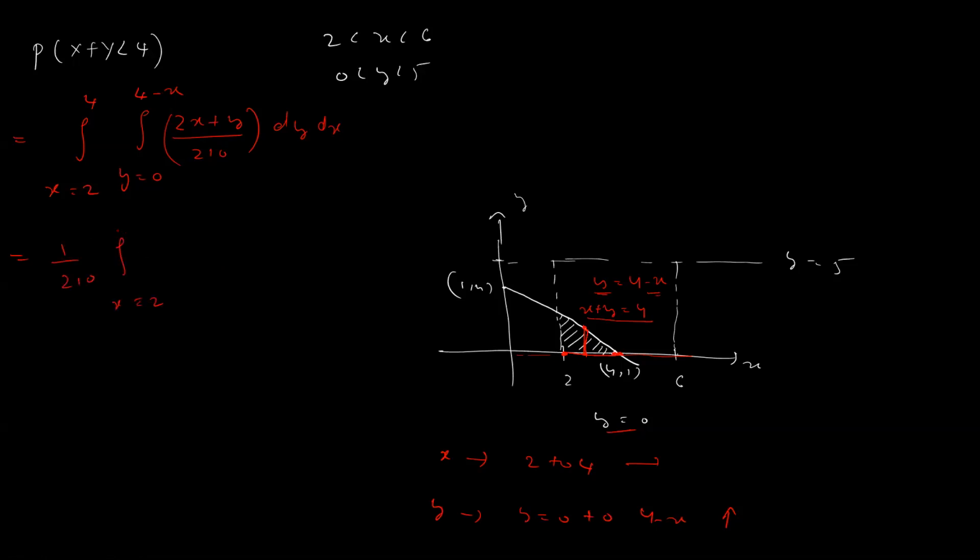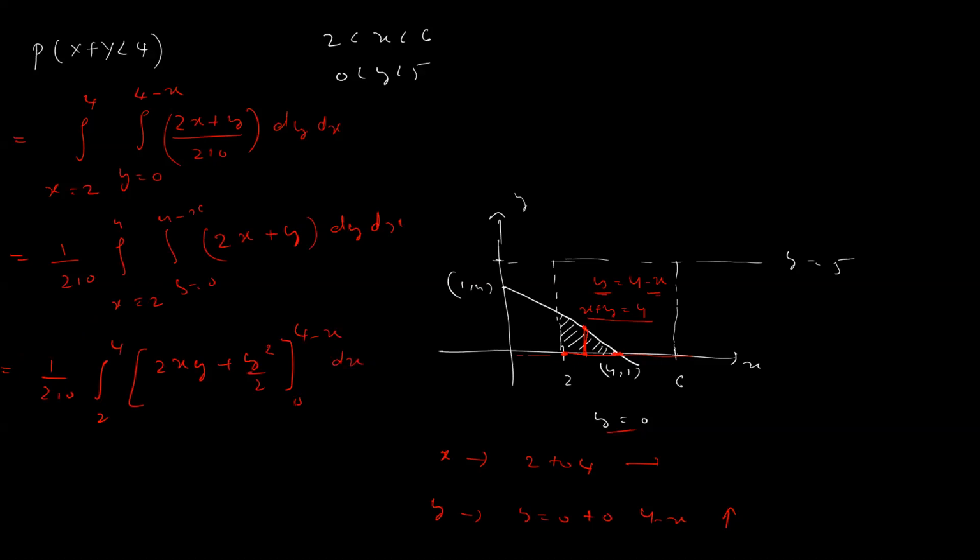So it is 1 by 210 outside, x from 2 to 4 and y from 0 to 4 minus x, of 2x plus y into dy dx. Just integrate with respect to y first. When you integrate with respect to y, you will get 2xy plus y square by 2, with limits 0 to 4 minus x, into dx. The lower limit anyway will be 0, so only put the upper limit.